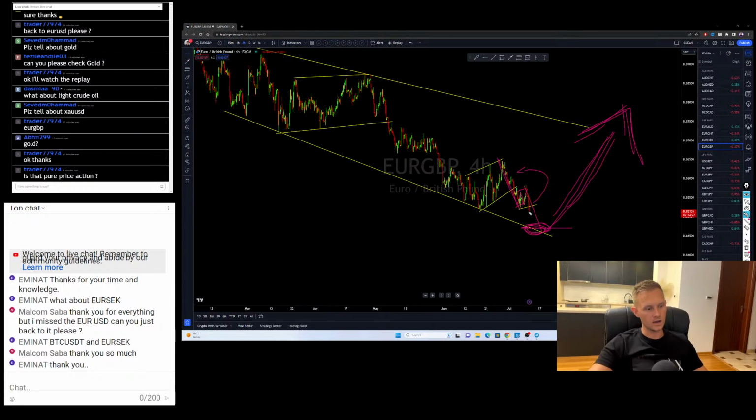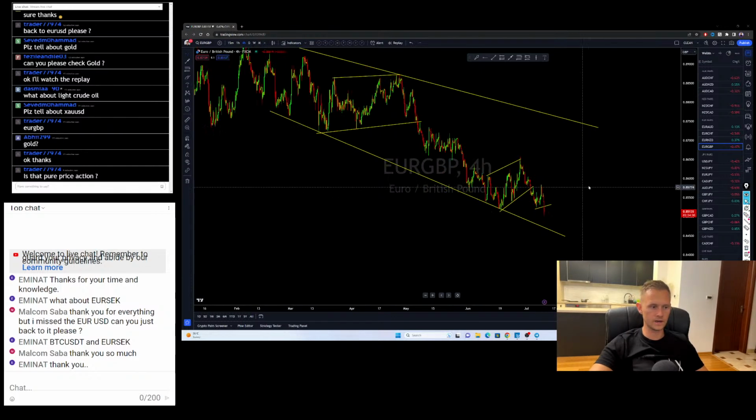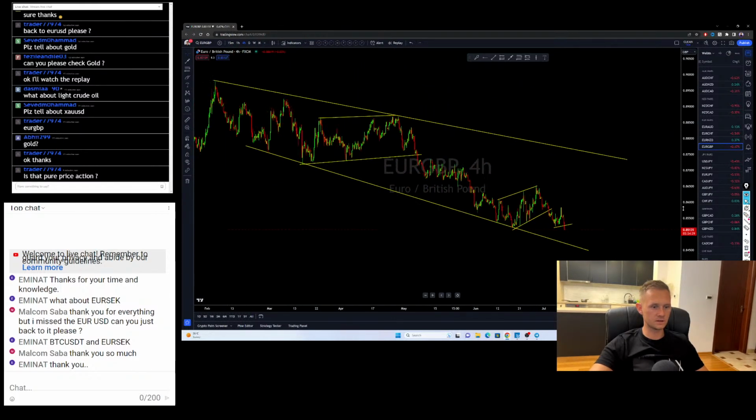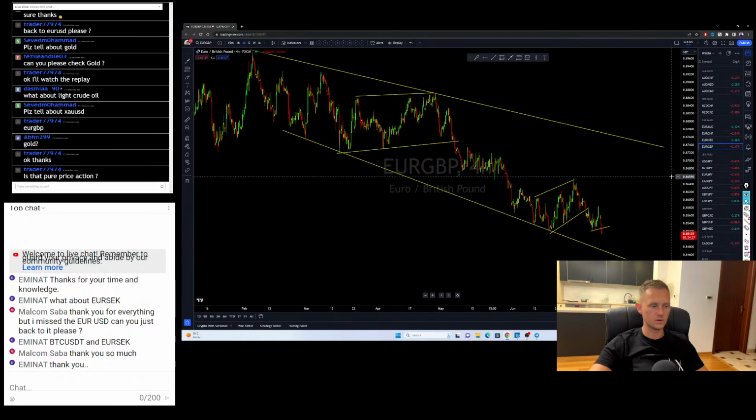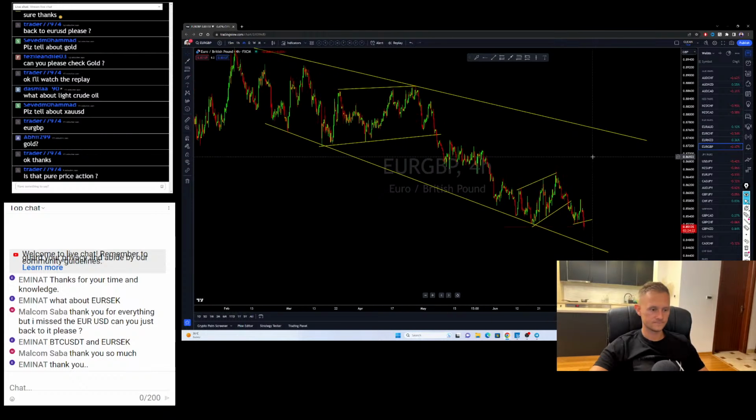But for the buy, you will have to patiently wait. Stay on the sideline, and once the chart comes lower and breaks all those lows, then you will become interested in the buy over there as well. Okay, very easy chart, Euro GBP. It's not complicated as it stands right now. Pretty easy chart from this point.